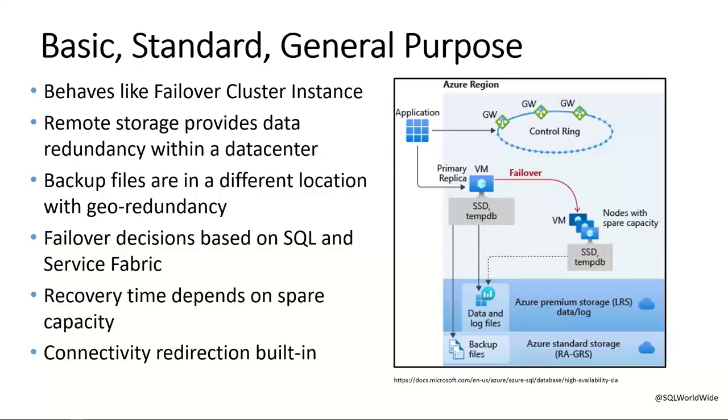And if something goes wrong with your active VM, where your current compute is, it will automatically switch you to a different one. And you do not have to do anything. It will take care of it by itself. You will see a blip, of course, but if you have a retry in your application, it will work by itself.